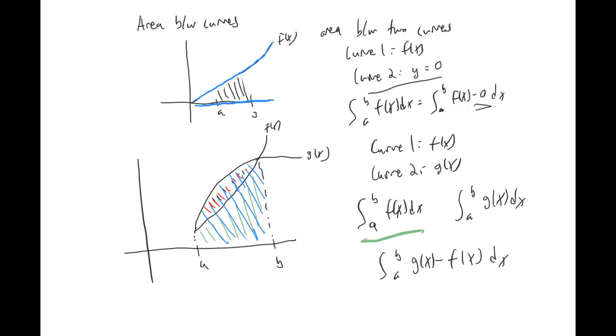To get the area inside, you take the difference, top minus bottom, if you like, for dx. So g is the top and f is the bottom.